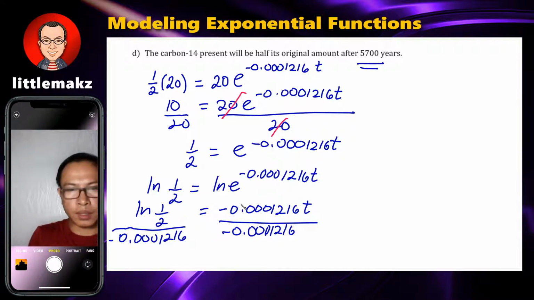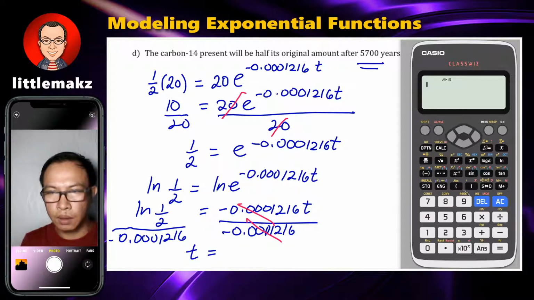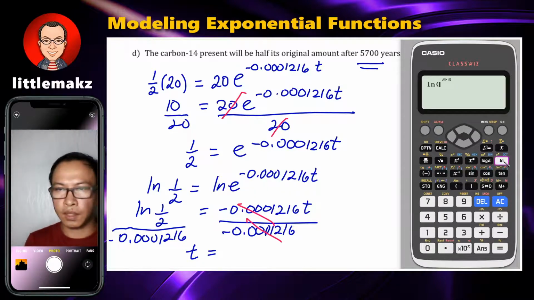And so we can now cancel this one, and our t will be equal to what? Make use of our calculator here. Our t is equal to the natural logarithm of 1/2, or that is simply 0.5, and we divide that by negative 0.0001216.